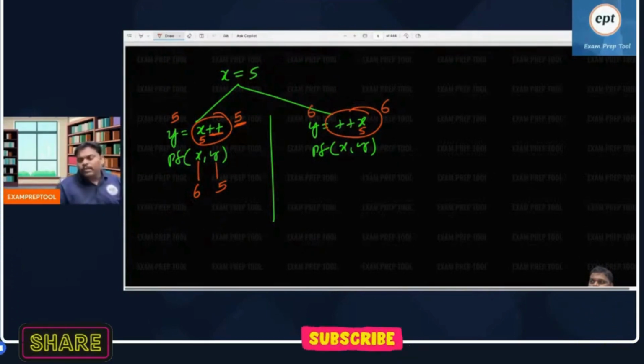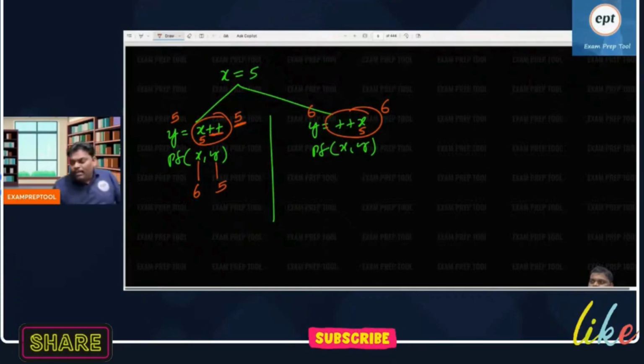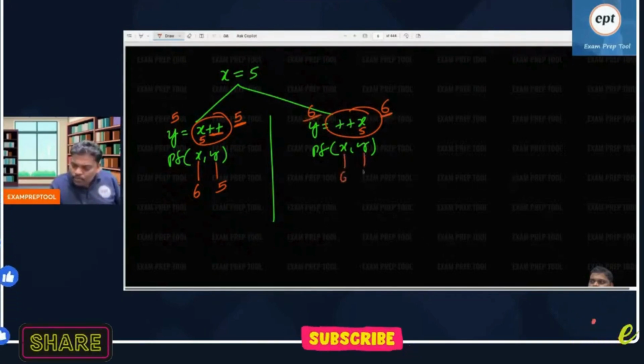First store, then increment. So x value 5 becomes 6, and this will also be 6. Finally nothing is pending. Both will print 6.